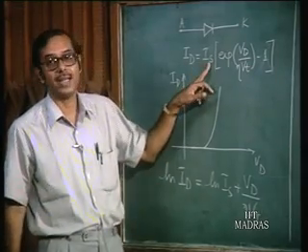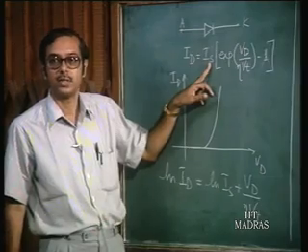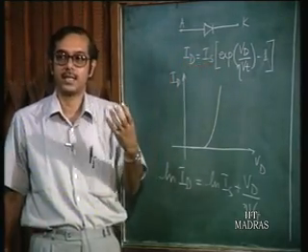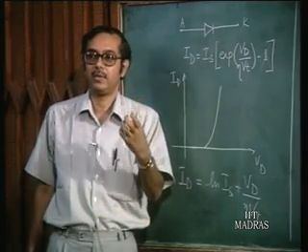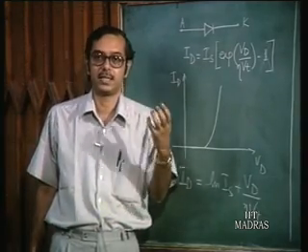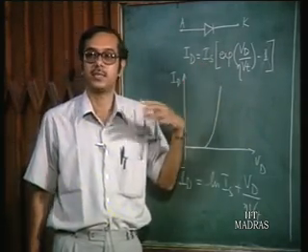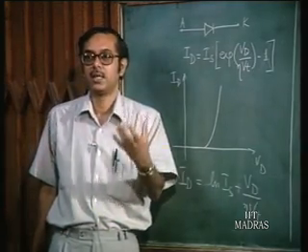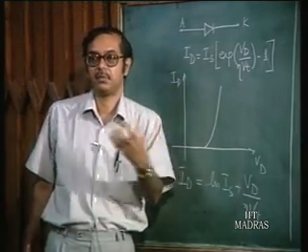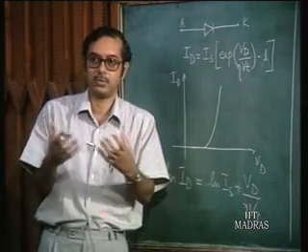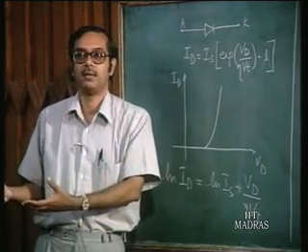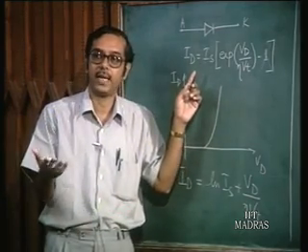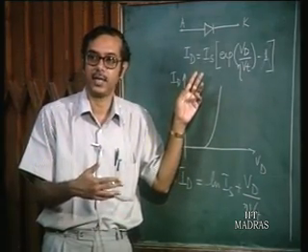Once you know the value of Is for the particular diode, you can use it in the model. In fact, all the circuit simulation packages will have certain default parameters. That is, if you don't specify the value of Is, it will take some value of Is and do the simulations, but finally what you get may not be what you expect when you do an actual fabrication, because that default parameter may not match the actual values.